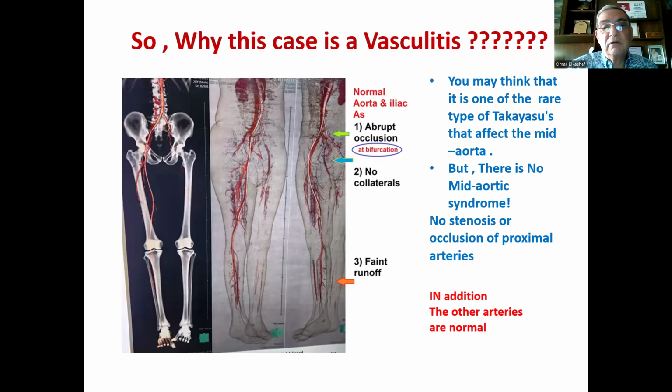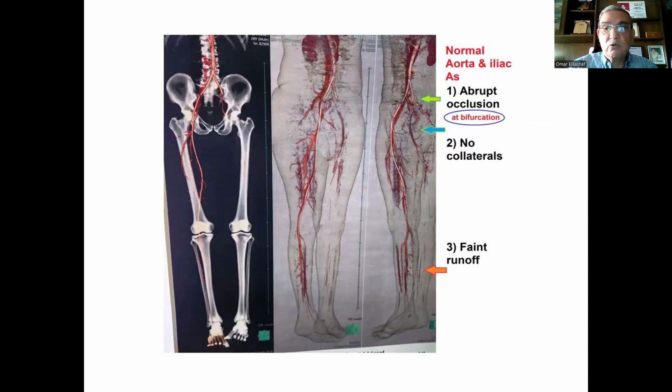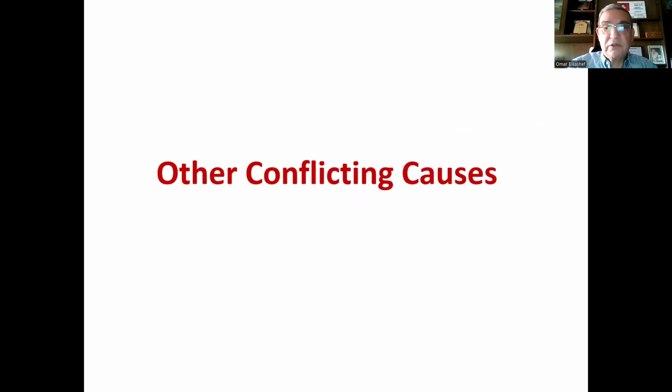Normal aorta and iliac artery, abrupt occlusion at the bifurcation of the left common iliac, no collateralization, faint run-off. You may think it is the rare type of Takayasu affecting the aorta, the mid-aortic syndrome, but the aorta is actually normal, no stenosis or occlusion of the proximal artery. In addition, the arteries on the other side are normal. So again, normal aorta and iliacs, abrupt occlusion at the bifurcation, no collaterals, faint run-off.